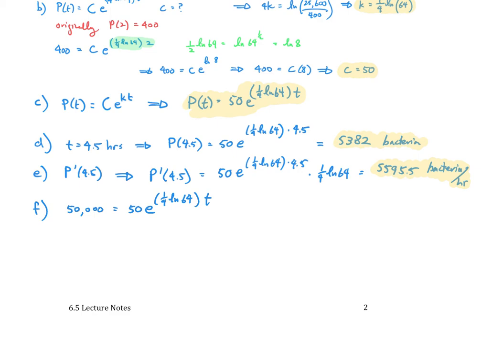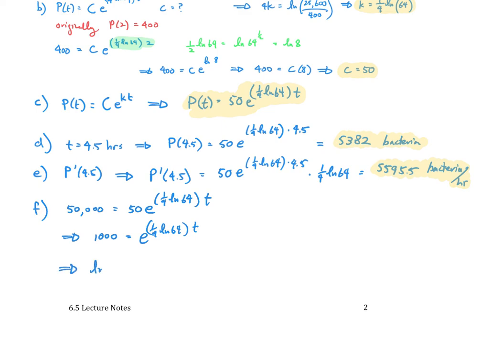The first thing we're going to do is divide both sides by 50. After dividing both sides by 50, this gives us 1,000 equals e to the 1/4 natural log of 64 times t. Then I can take the natural log of both sides.